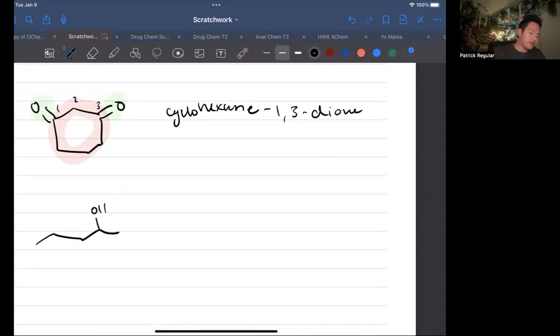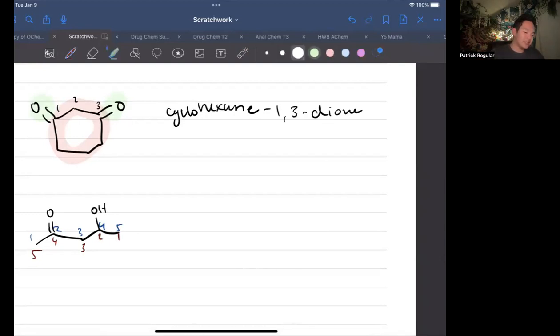Let's look at something like this. One more small itty bitty example. Okay. So if I'm looking at this, I see counting this way 1, 2, 3, 4, 5. The other way, 1, 2, 3, 4, 5. Which way do I go? Well, which one takes priority? Ketone. Ketone takes priority.